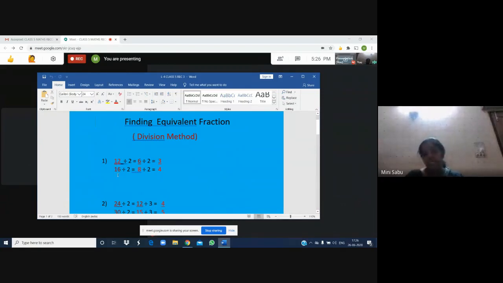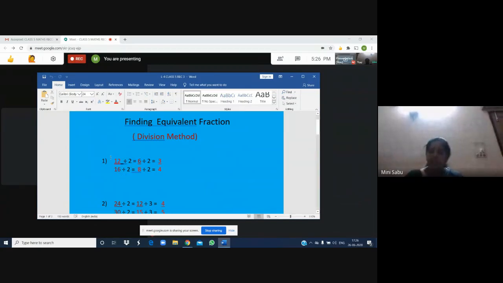Divisible means these two numbers should come in the table of the same number. You know very easily that 12 is coming in the table of 2, and 16 is coming in the table of 2. Both 12 and 16 are coming in the table of 2. That is called divisible. So here we selected 2.